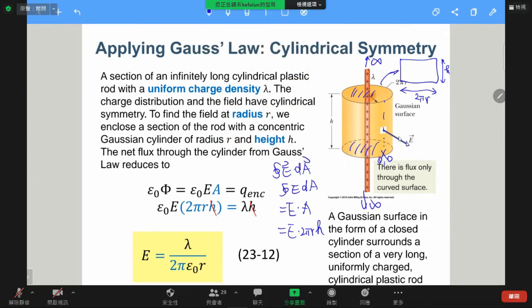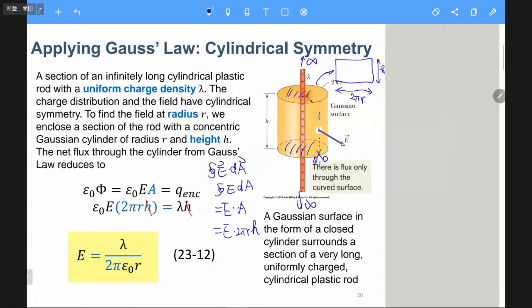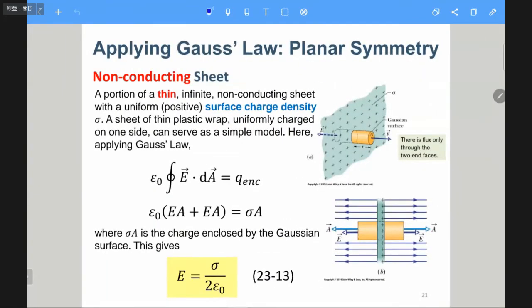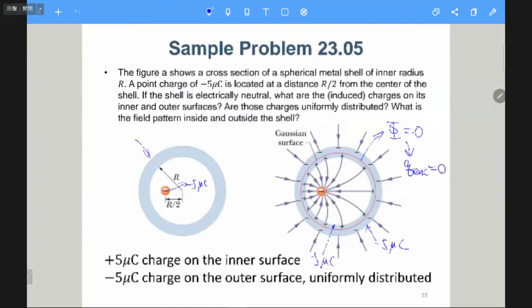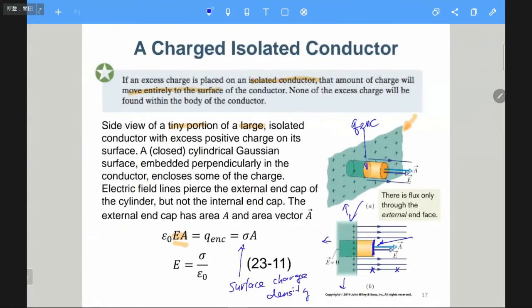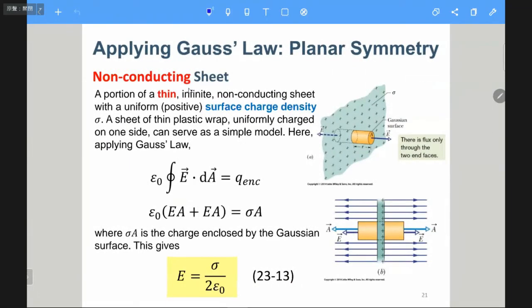Any questions? Okay, next we would like to consider this one. The difference is that here we have a thin infinite non-conducting sheet.